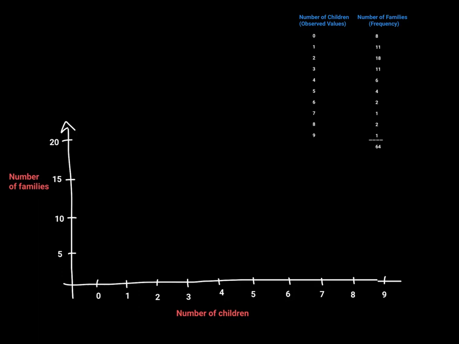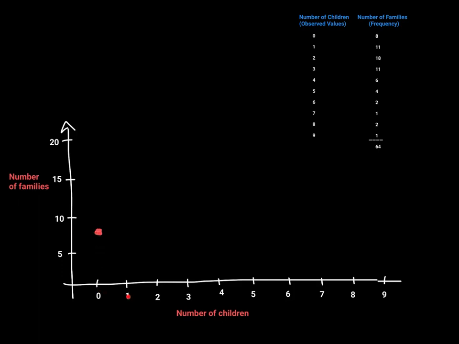How many families reported that they had 0 children? 8, right? So what I'm going to do is plot a point at 8 above 0. All right, so right there. So this is a dot or a point at 8 above 0.